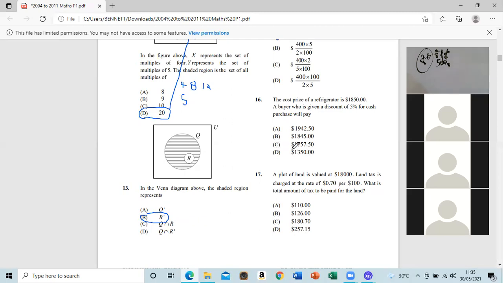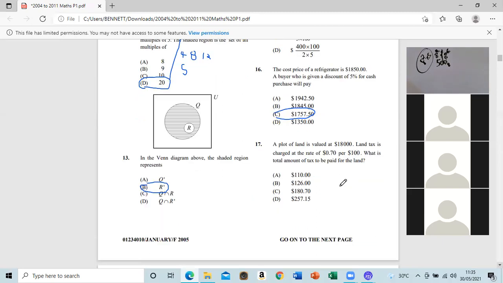Somebody work it out just in case you're not around the teacher. Sir, 95% of 1,850 is C. All right, thanks. Some people prefer to find 5% of this and then subtract it. If you want to do it that way, fine.